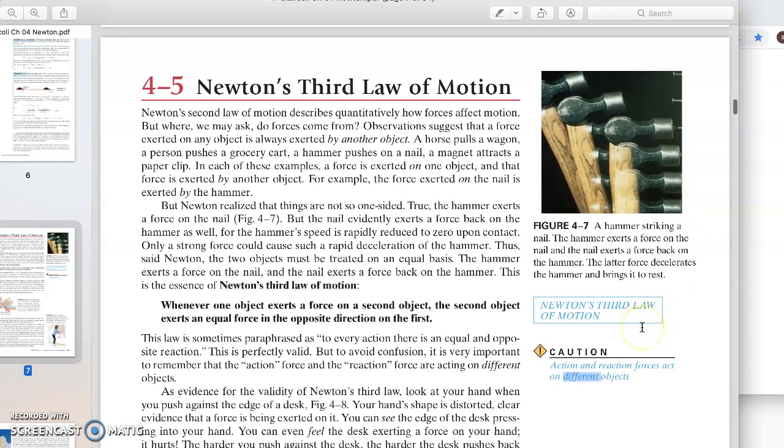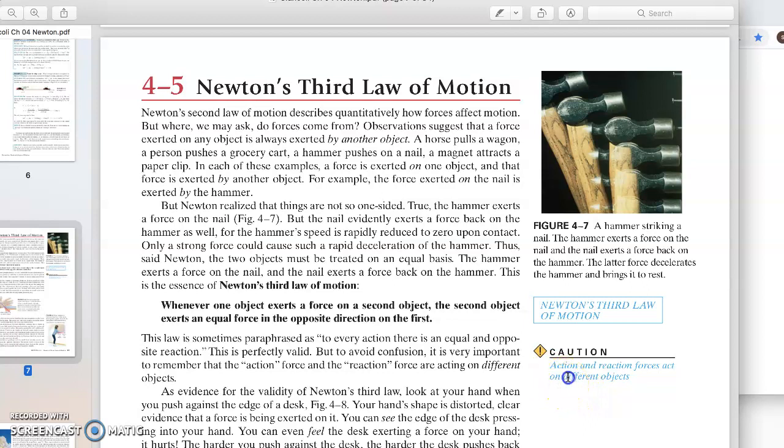That will help us to understand later some questions, like which is bigger. Is it the force that the hammer is applying on the nail or the force that the nail is applying on the hammer? Are they equal or are they different? That is the main concept behind understanding Newton's third law of motion.